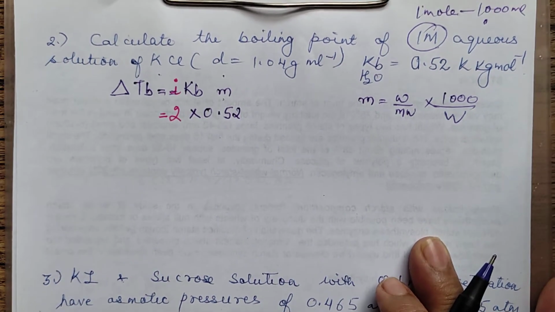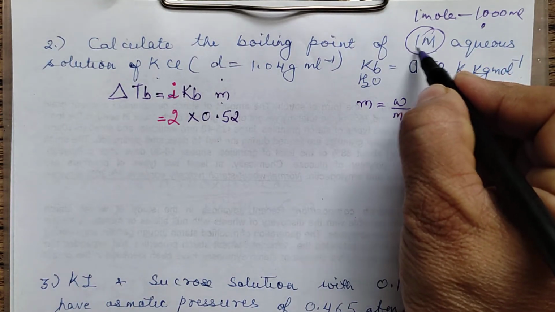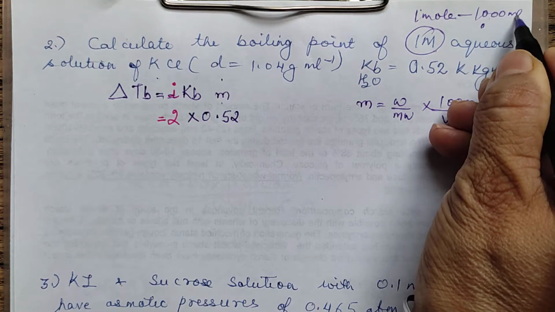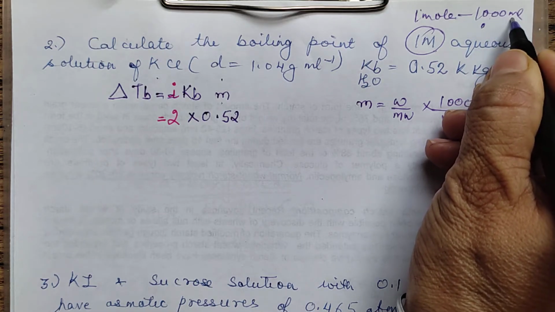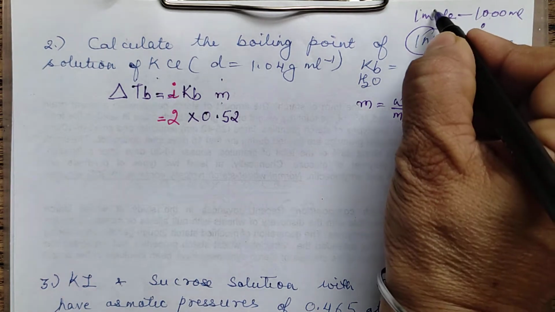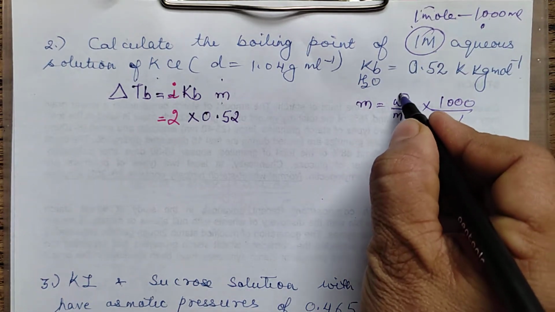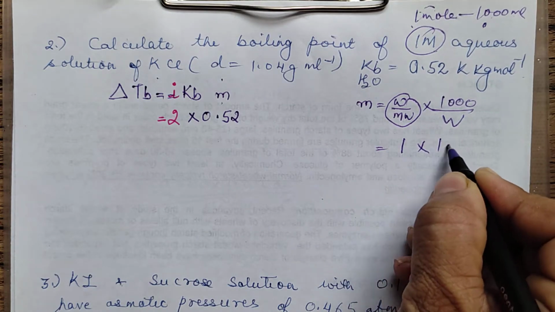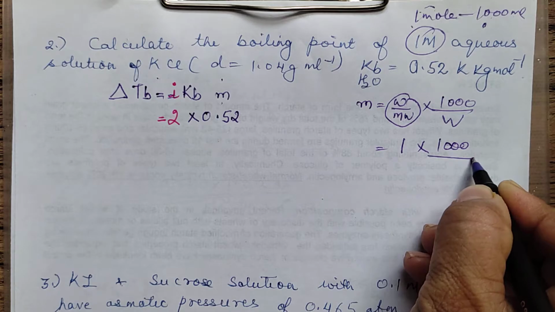So 1 mole, we know. That means given weight by molecular weight, this part is 1. This part we know. 1000 divided by weight.